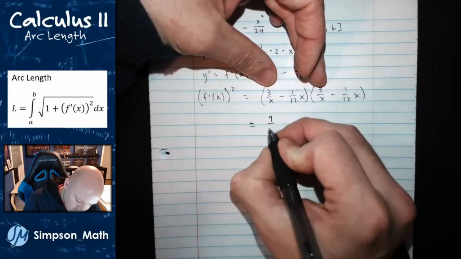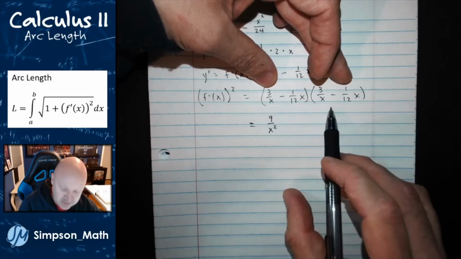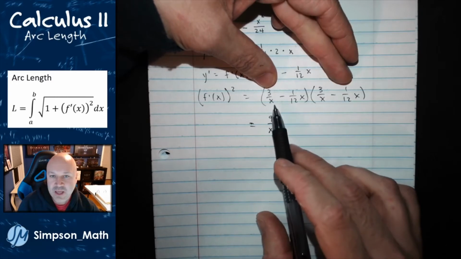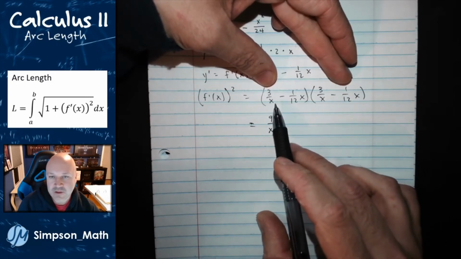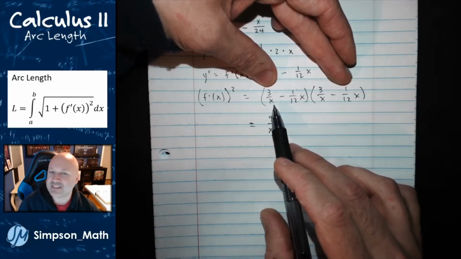That looks like 9 over x squared. Then 3 over x times 1/12 x, the x's reduce, and the 3's reduce, so I get 1/4. I get a negative 1/4. That's it.